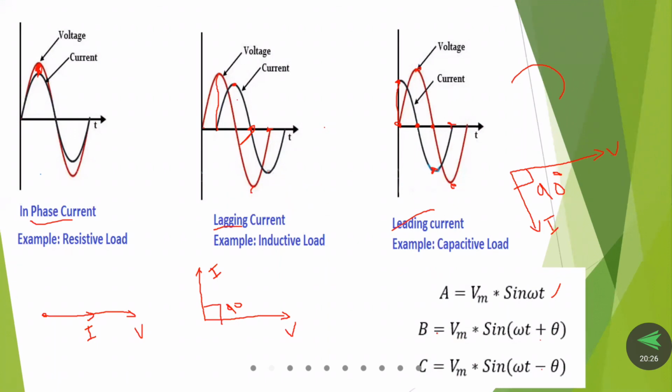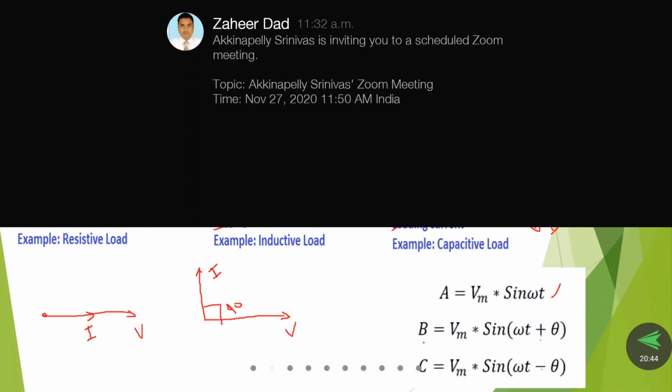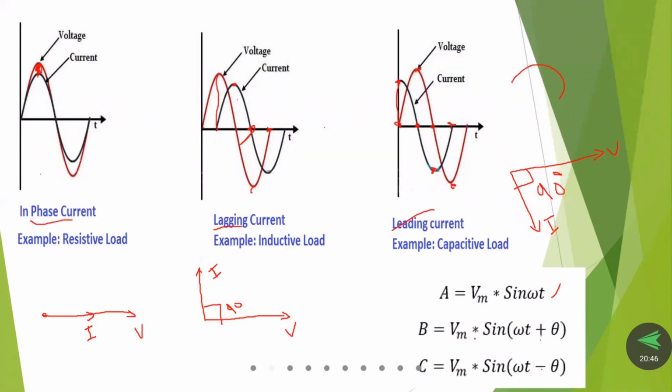That's why we can write the formula as V equals Vm sin(omega t plus theta). If the voltage is leading, we take plus. But if we take the current as the reference, what does our formula become? I equals Im sin(omega t minus theta). Instead of plus we get minus. Since I took voltage as the reference for all the waveforms here, we took plus when leading and minus when lagging.